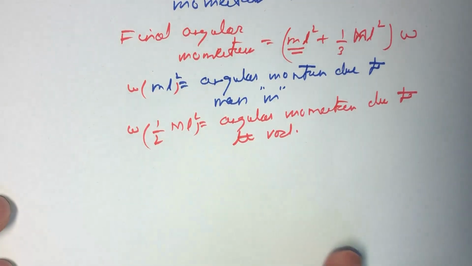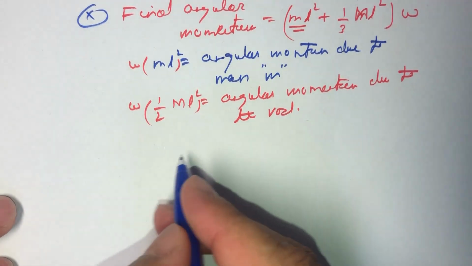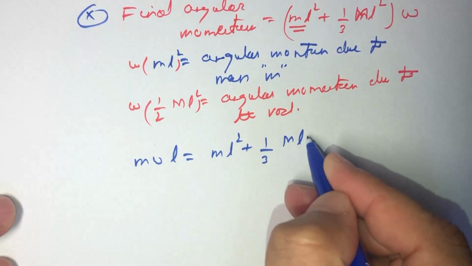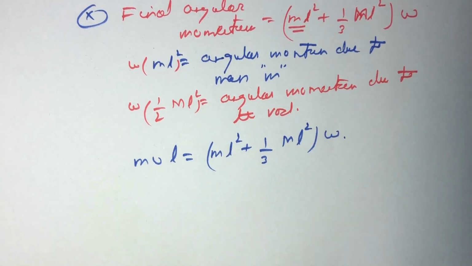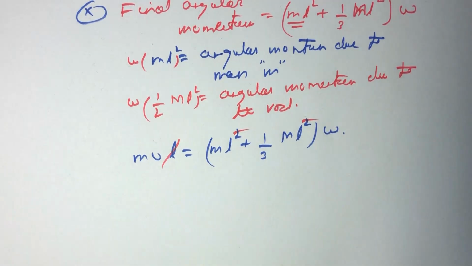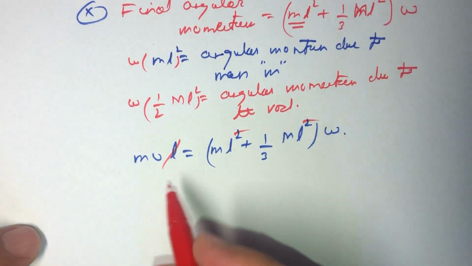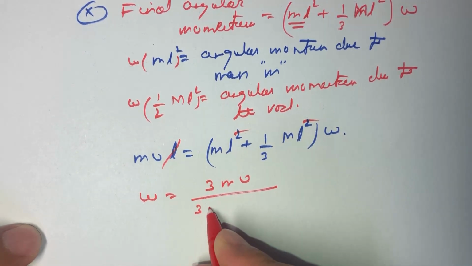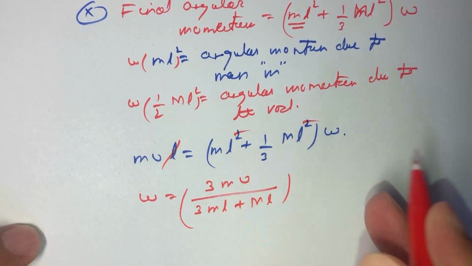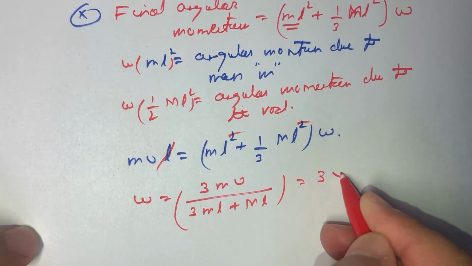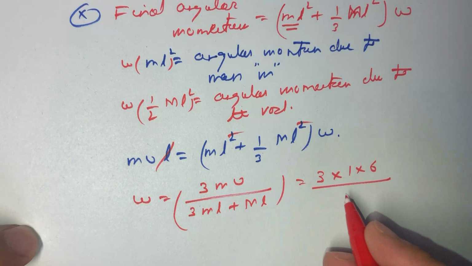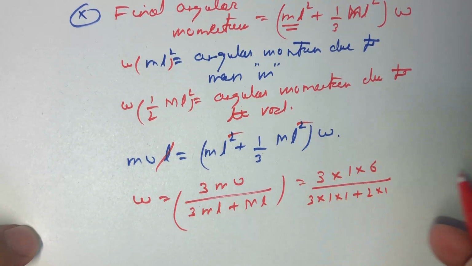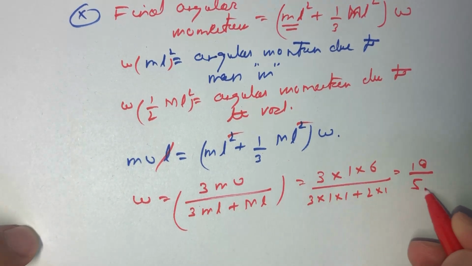Now we are going to substitute initial into final. So we get m v L is equal to m L square plus 1 by 3 capital M L square, multiplied by omega, and this L cancels out, so we get omega equal to 3 m v divided by (3m plus capital M) multiplied by L. Substituting values, this is 3 times small m, which is 1, times velocity 6, divided by 3 times small m, 1, length L, plus capital M, given as 2, length L. So this becomes 18 by 5.